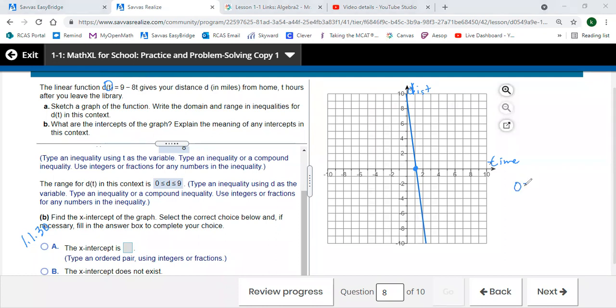When y is 0, 9 minus 8t, and I added the 8t over. And then I divided by that 8, so I had 9/8 for my t. So this is just a little more than 1. 9/8 is just a little bit more than 1. So that's my x-intercept.